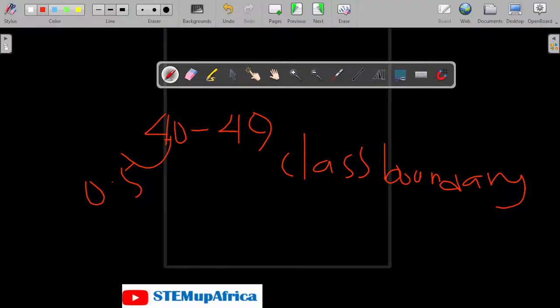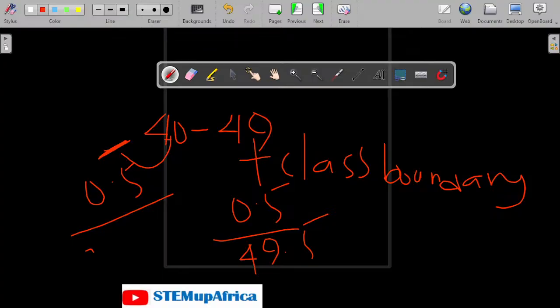Then you add 0.5 to this to give you the upper class boundary, UCB. If I add 0.5 to this, that will give me 49.5. If I subtract 0.5 from this, it gives me 39.5. So the first one is your lower class boundary, while the other one is your upper class boundary. You subtract 0.5 from the lower class, you add 0.5 to the upper class.